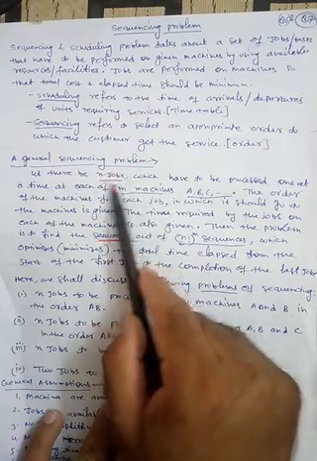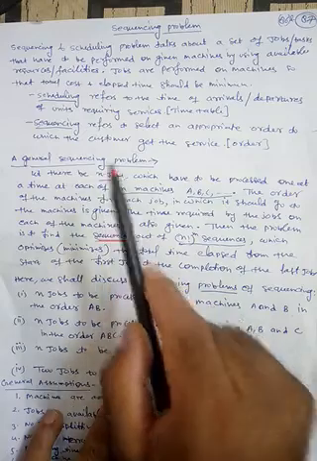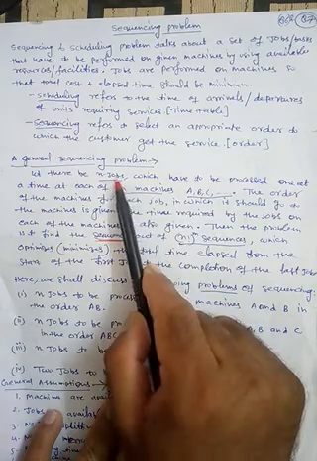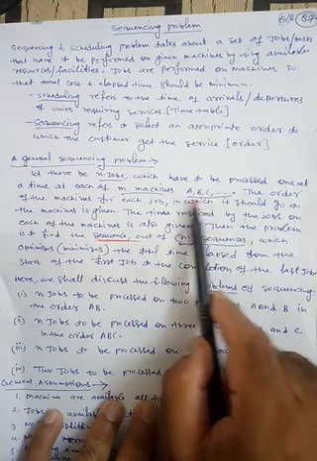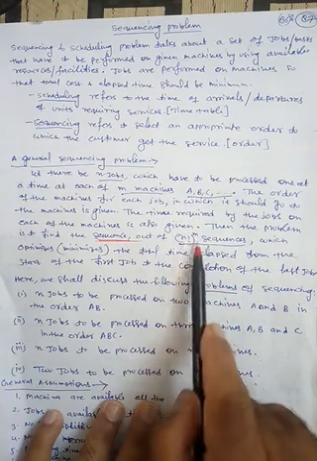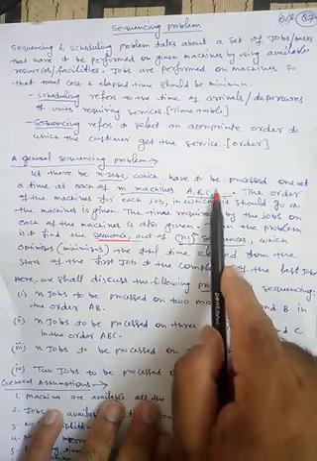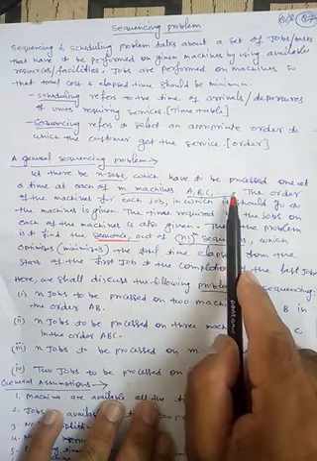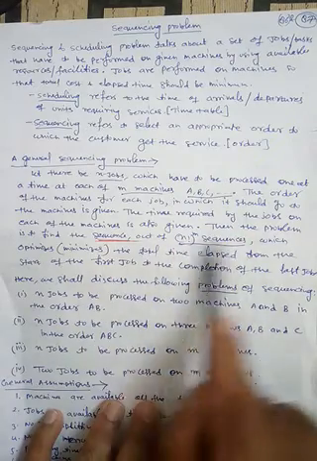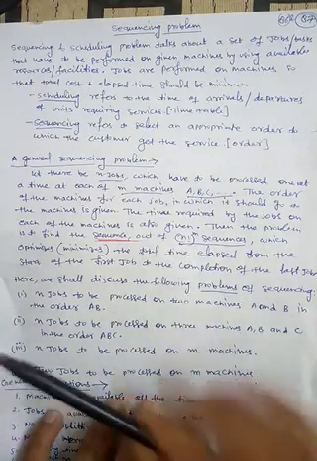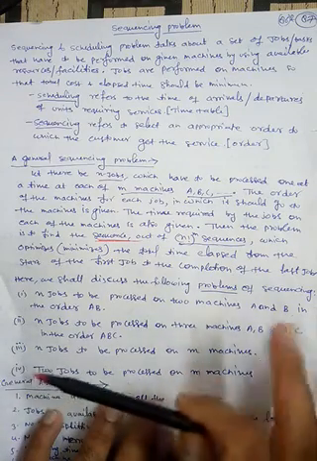So total possible combinations to perform all these jobs on machine A is factorial n. Similarly, they may be performed on B in factorial n ways, and so on. So total possible sequences: from A factorial n, from B factorial n, and so on, m times. So factorial n raised to the power m sequences. These are the possible sequences. Among these we have to find out the optimum sequence which will minimize the elapsed time. So this is our problem.